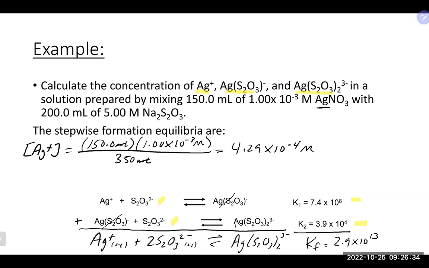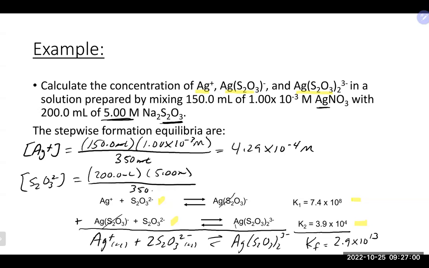Now our ligand is going to come from here, and when that breaks apart, you basically get 2 sodiums and 1 of the ligands, which means the concentration of the ligand is still going to be 5. So that means that our ligand here, which is our S2O3 2 minus, will be 200 milliliters times 5 molar, which is the concentration of it, divided again by our total volume, which is our 350 milliliters.